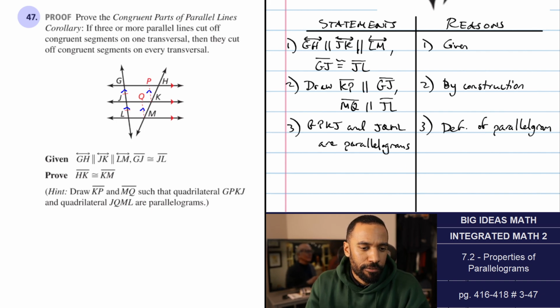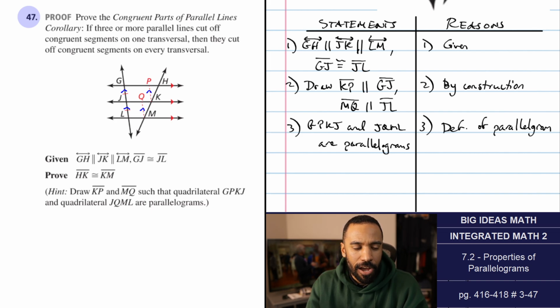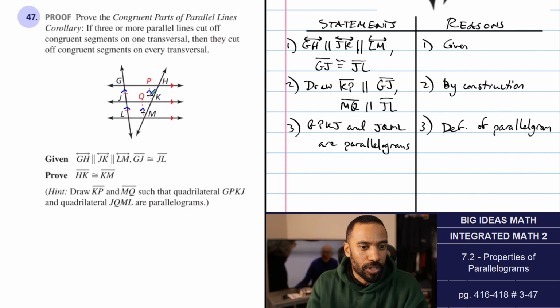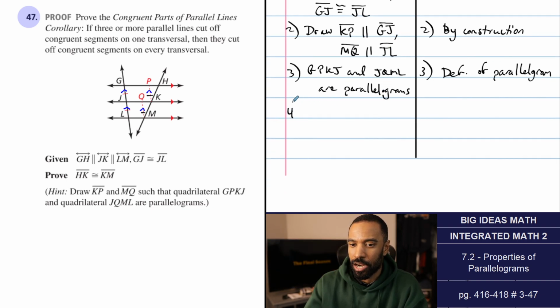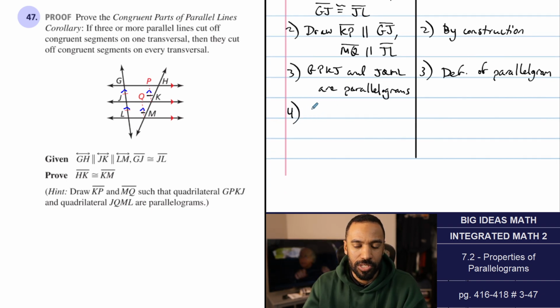The main one I can first talk about is if I have a parallelogram by definition, then I have opposite sides congruent. These ones are congruent, and now these are congruent to each other in that sort of way. Literally, PK is congruent to QM, but I first got to say that they are congruent in their own way for opposite sides.